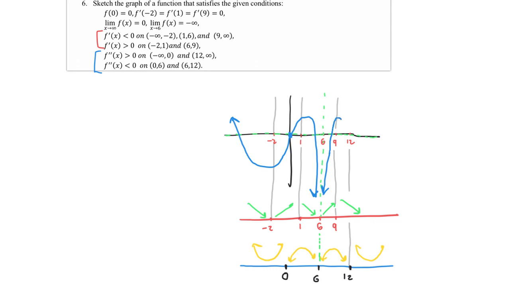But once it gets to 12, that's when it switches to concave up, which means it rounds off like that. Okay. Now I'm going to make that a little bit more dramatic, I think, to sort of hammer the point home a little better, because I understand this could be confusing. I want to make that move right there a little bit more dramatic.